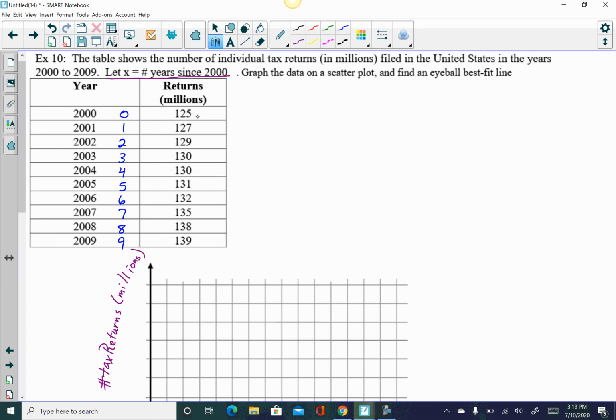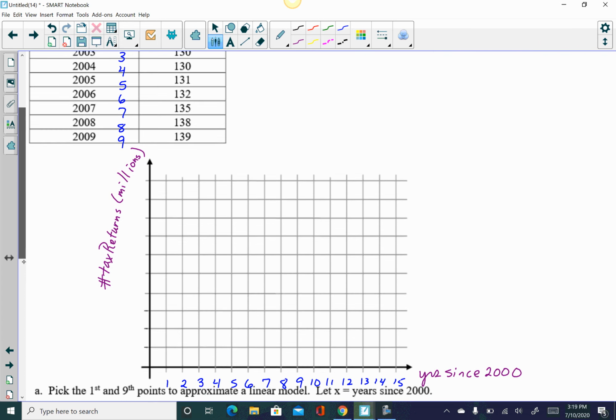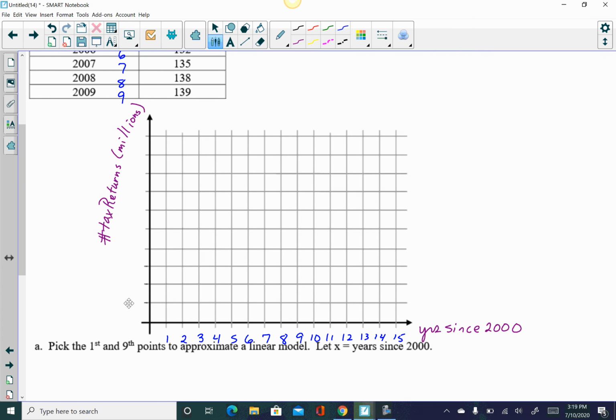You can notice here on your y-axis that your values are ranging from 125 to 139. So what I did is I started at 100 and then counted by fives. Okay, so here this is 100 and then I counted by 5. So 105, 10, like so.